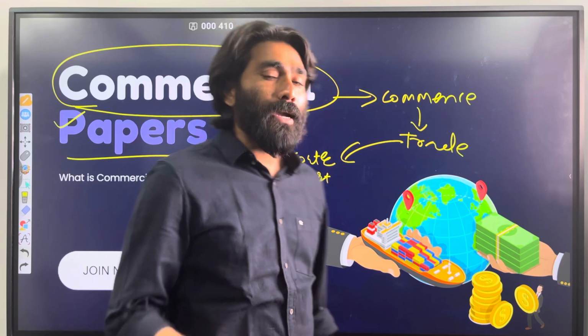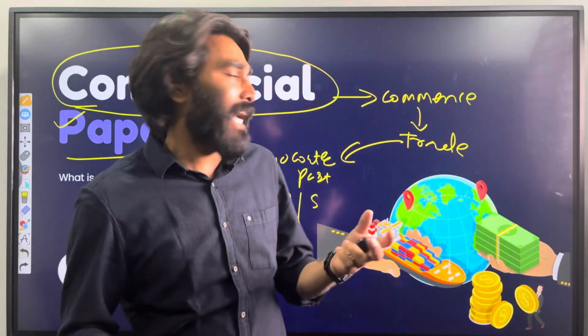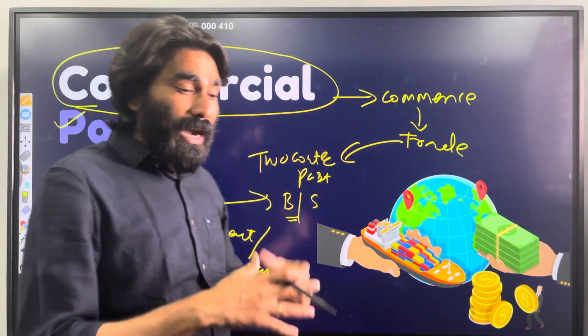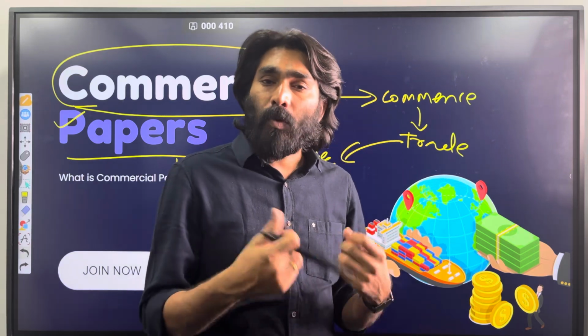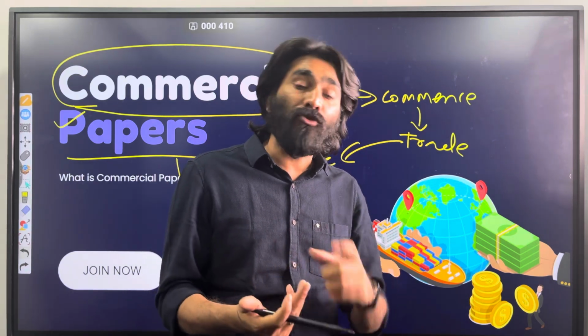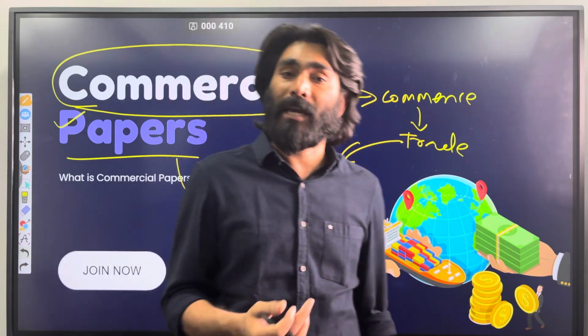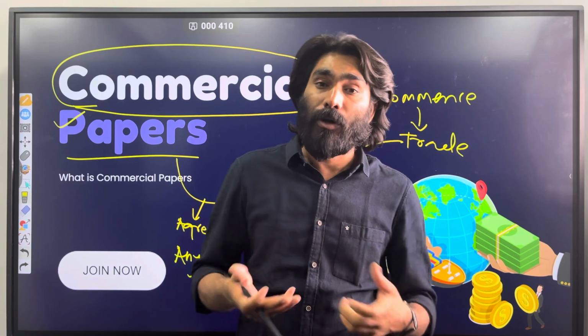So commerce means trade, trade means transactions. And when we say trade, without two counterparties, how will you execute the trade? We require a minimum of two counterparties to execute the trade. And once we execute the trade, every time we cannot expect trades to execute in cash.